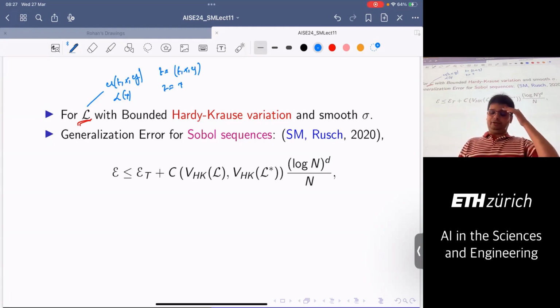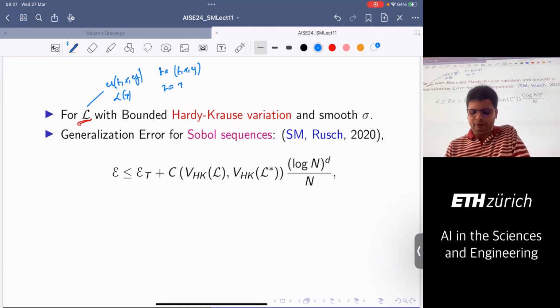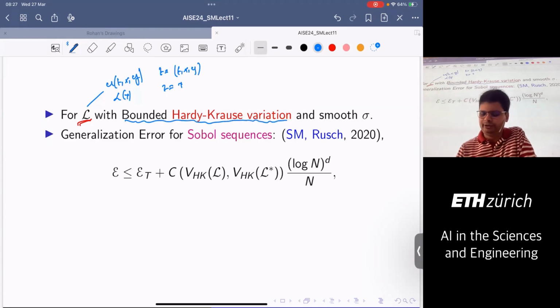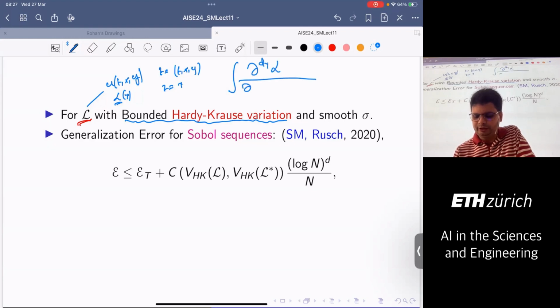Then as long as this function has a certain structure, first of all, it has to have what is called a bounded Hardy-Krause variation. This is not that difficult. It's just an integral. So your underlying map, let me call it L, the derivatives dy1, dy2, these are mixed derivatives.